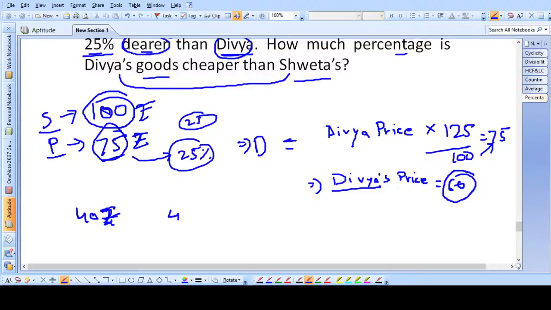That means 40 by 100 into 100. That is 40%. So Divya's price is 40% cheaper than Shweta's price. That is what you got from the relation between Shweta and Divya.